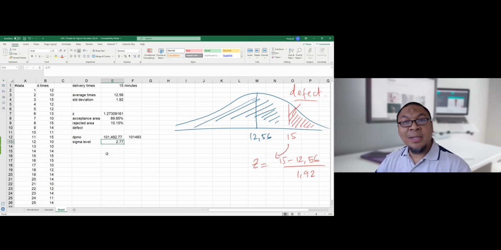So it is less than the industry average of 3 to 4, which means there is a lot of room for improvement in this pizza company.